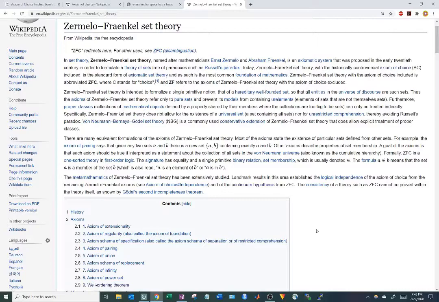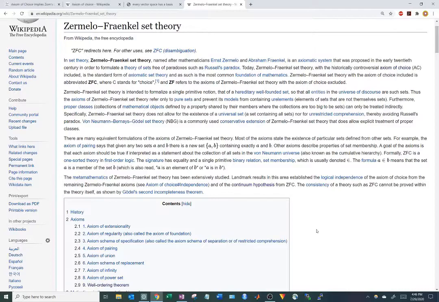So this is the set theory that mathematicians typically use in their proofs. And it turns out that these assumptions are completely independent of the axiom of choice.